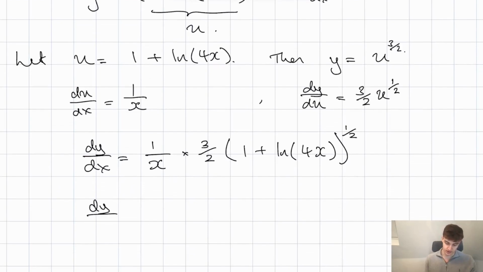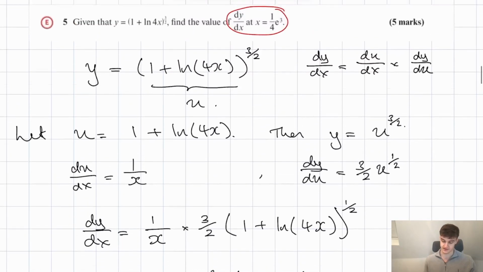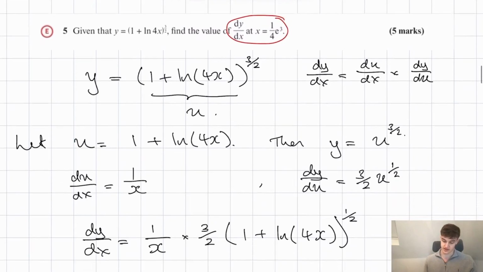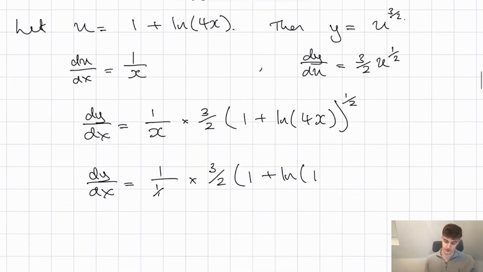We're going to get dy by dx is equal to 1 over x times 3/2 times 1 plus ln of 4x. Sorry, that means I need to plug the x's in, don't I? So the x is a quarter e cubed. So 1 over a quarter e cubed times 3/2 times 1 plus ln of 4 times a quarter e cubed, all to the half.